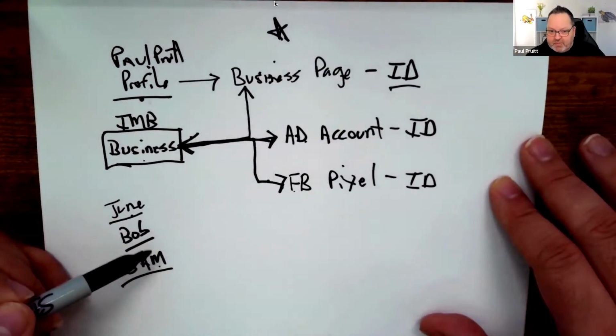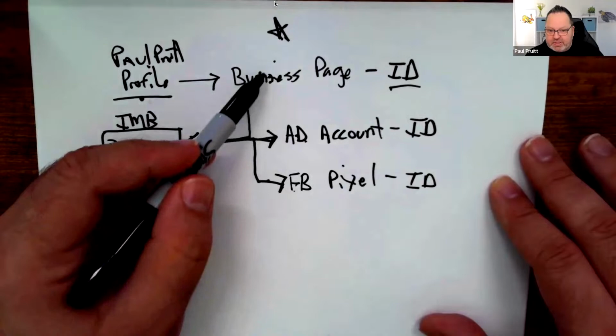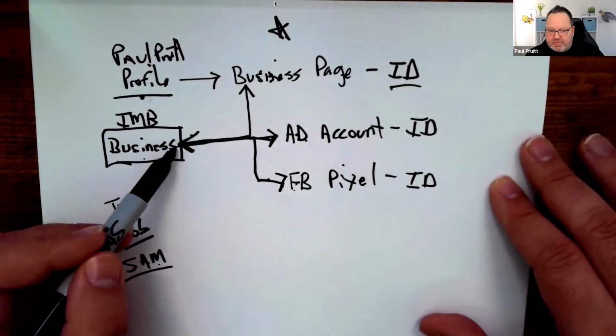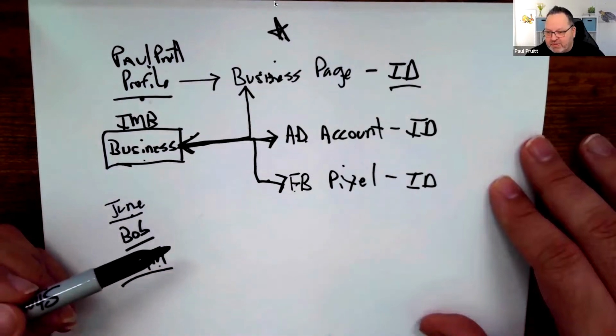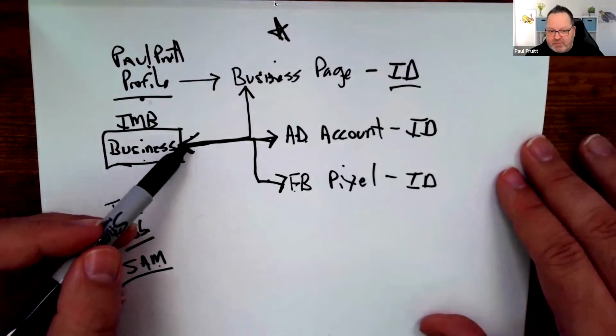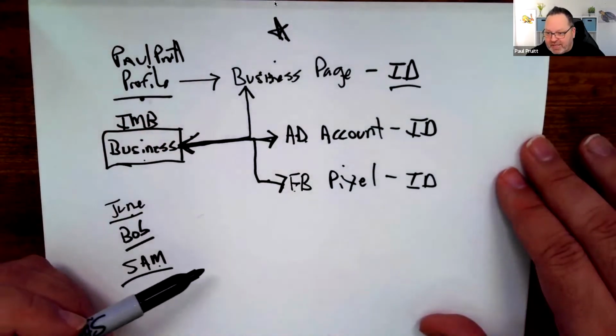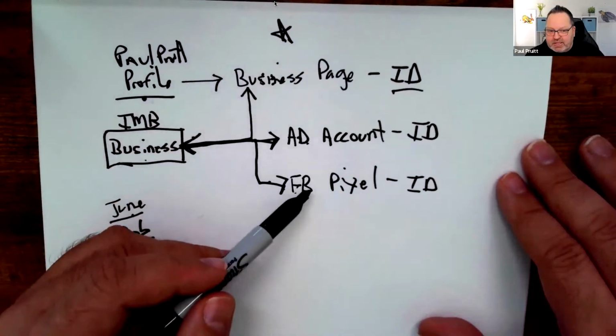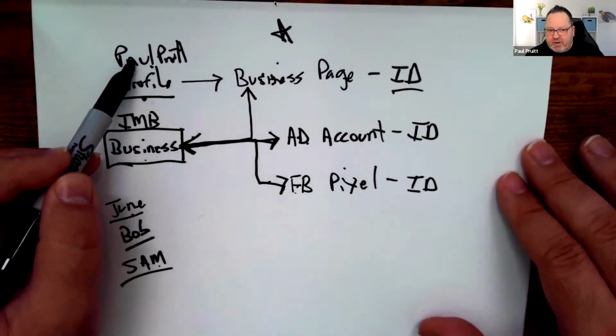But each of these things we have to create, and they all have to be owned, because I can't just go access your Facebook pixel and get your data without your permission, right? I can't just pop in and start posting on your page. That's something you have access to. So each of these things from the beginning are owned by you.